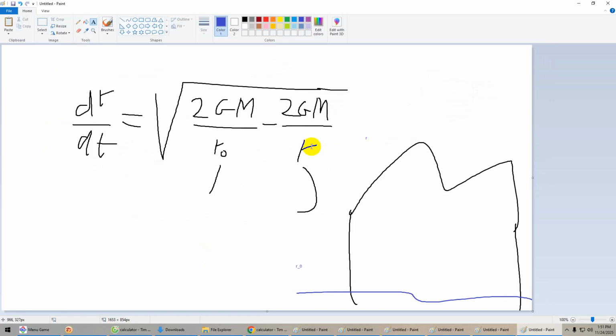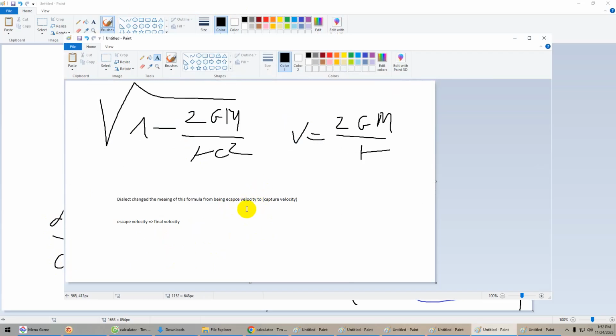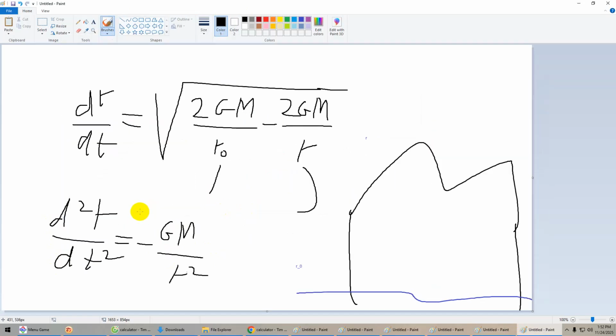Here we can compute it by solving the differential equation of gravitational acceleration, which is this equation. It is not the capture velocity for standing still relative to a contracting space at that point.